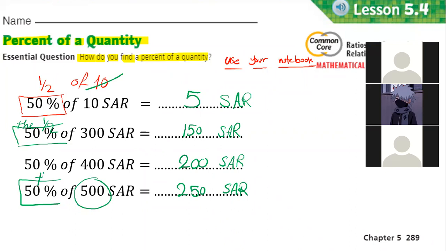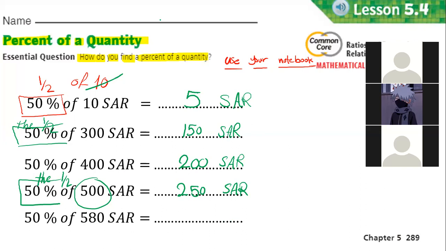Yes, that's right. The half of the number, the half of the quantity. So can you answer this question, Muhammad? 50% of 580 riyals. I need the half of 500 plus the half of 80.